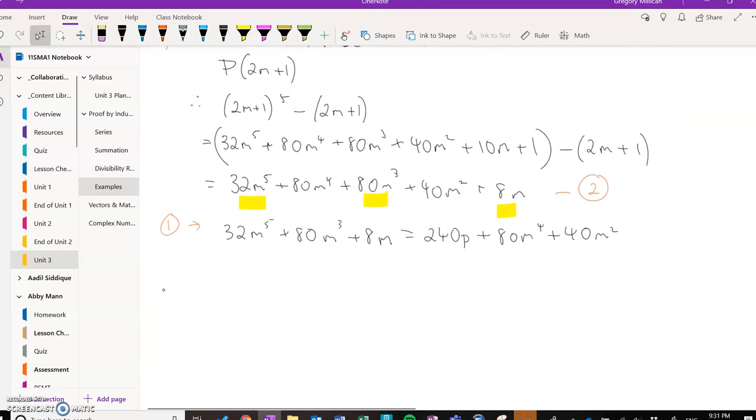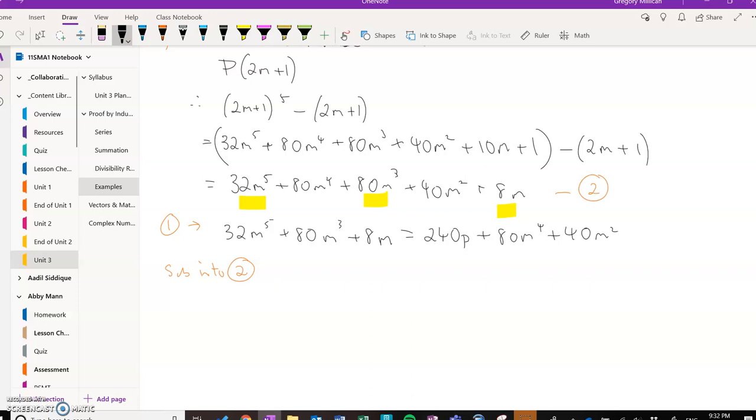Now if we take that and look at equation 2, we're going to sub that into 2, again collecting the things that are the same.